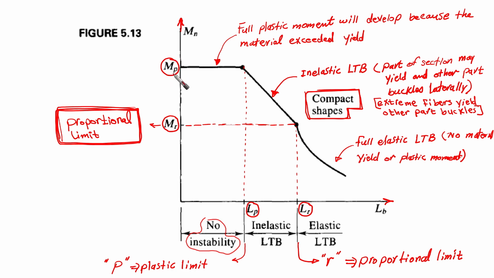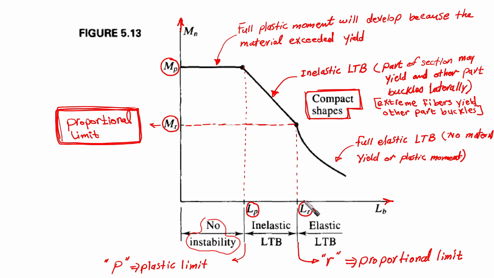We're not talking about My now. Commonly, whenever you're talking about flexural members, you're not going to find My. My is in between actually, but it doesn't matter now. We need to put another type of limit, the proportional limit, which distinguishes between two different types of lateral torsional buckling.